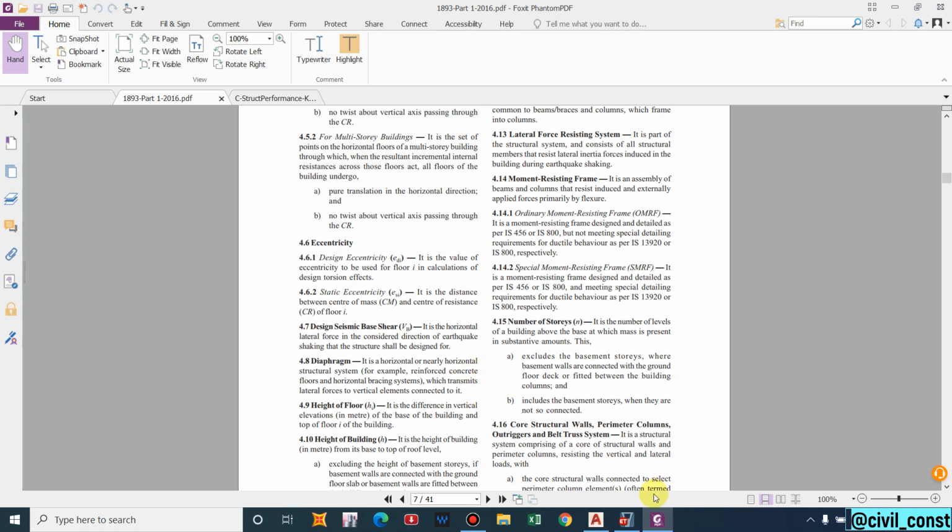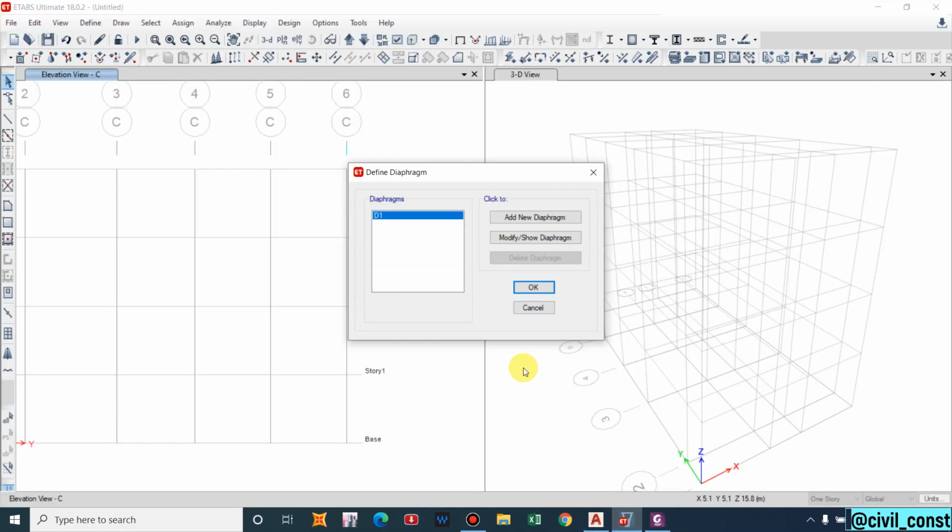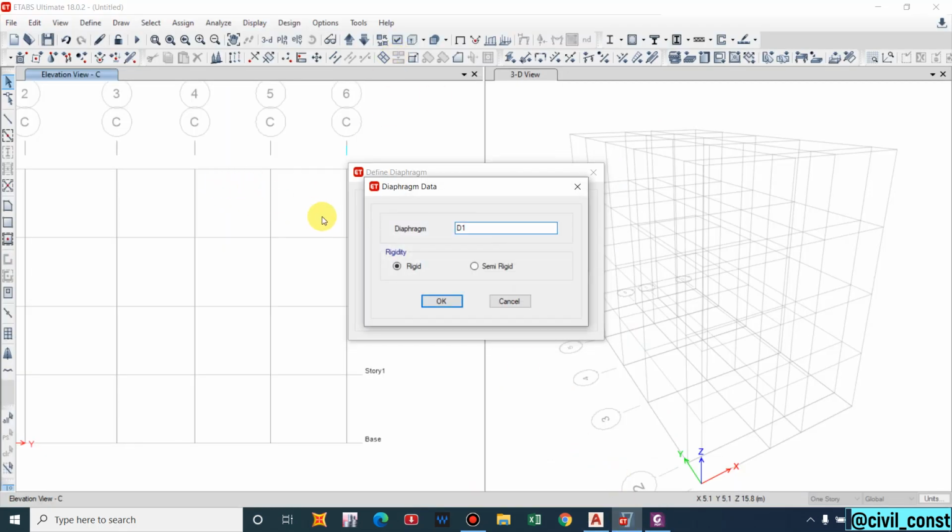So modify diaphragm, and here you can see two types of rigidity. One is rigid and another is semi-rigid. Basically, rigid diaphragm is assigned when the horizontal structure does not deform itself considering the lateral load.